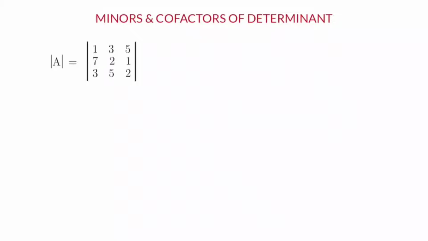So what will be the minor of this 5 here? To calculate its minor, you just cancel out this row and this column, and the remaining elements will give the minor of that element. So what will it be? It is the third row and second column element, 32.